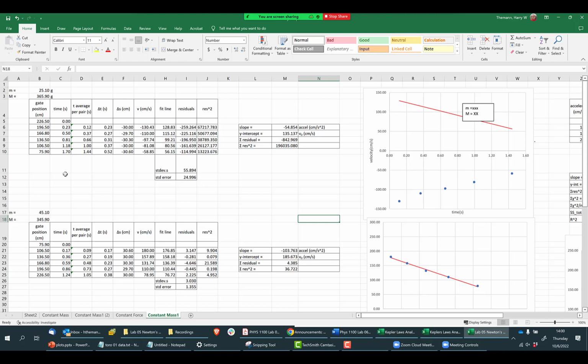No matter what happens, you're going to get blue dots that are in a nominal straight line. They may have a negative slope, they may have a positive slope. You may end up with negative velocity, but you actually don't have to do any kludging. So I'm just going to put this one back to the way it was.